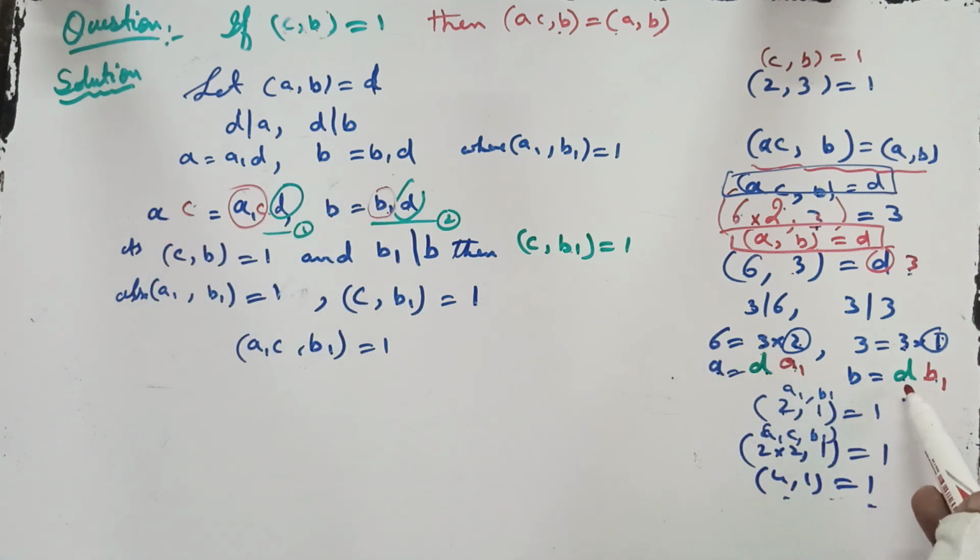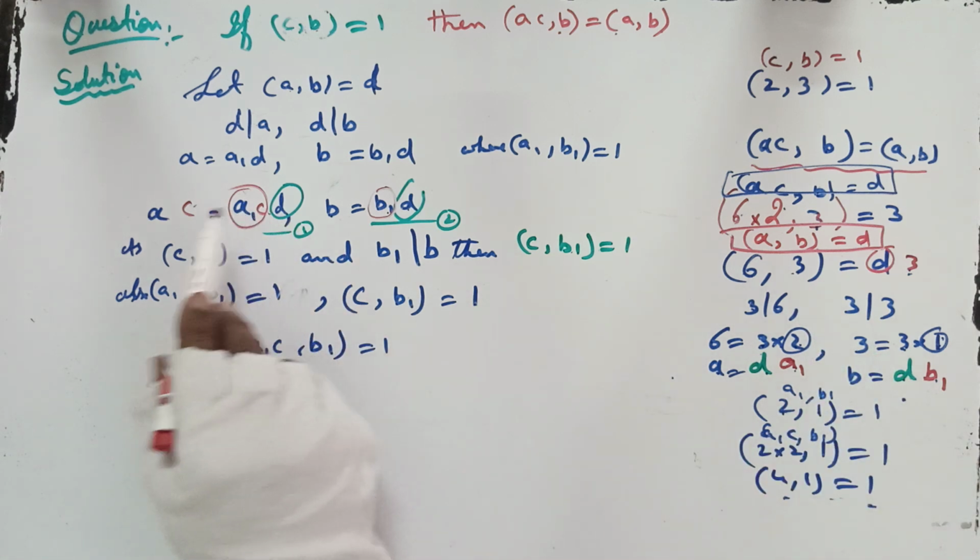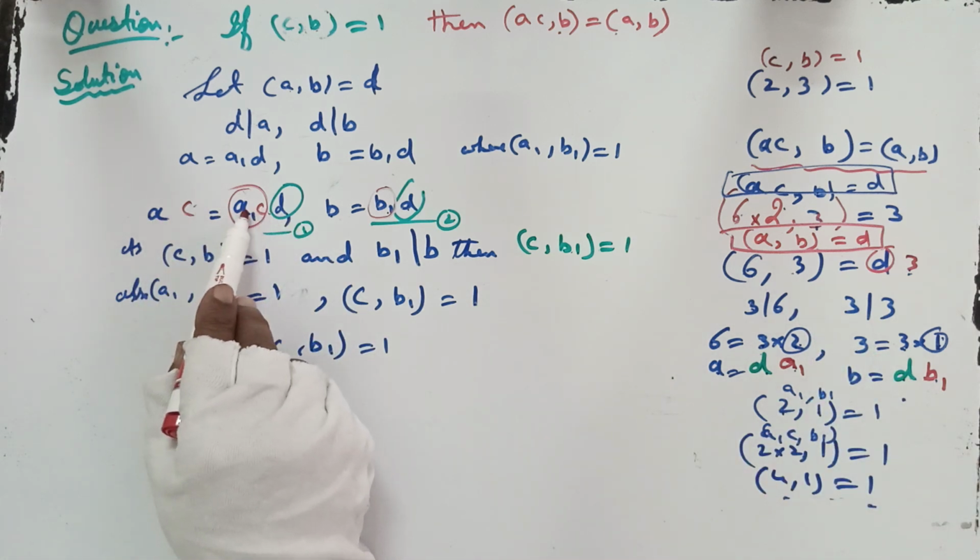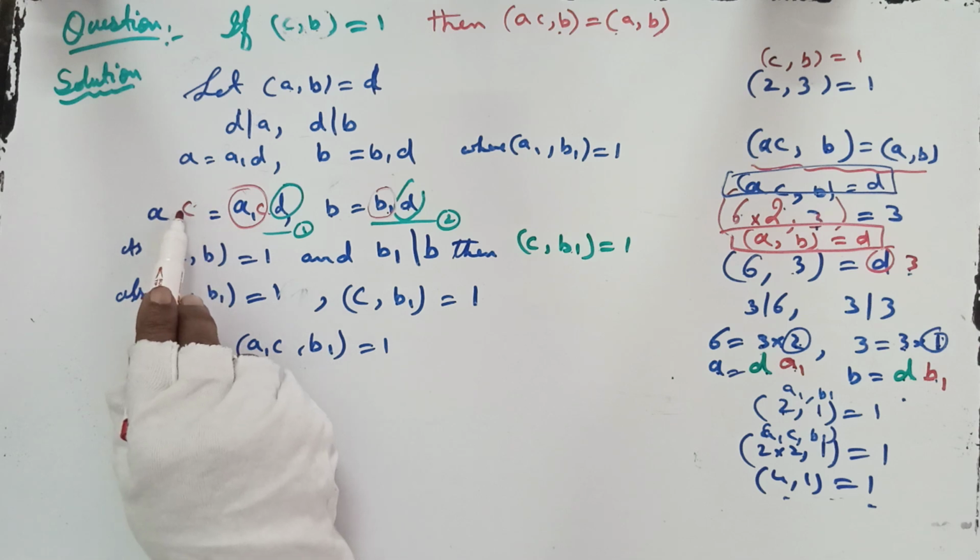I have explained here very well that if a number is divided into two factors, when we multiply these two factors, we get this number.